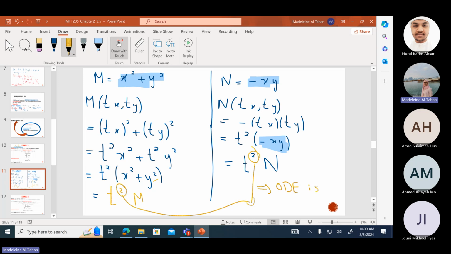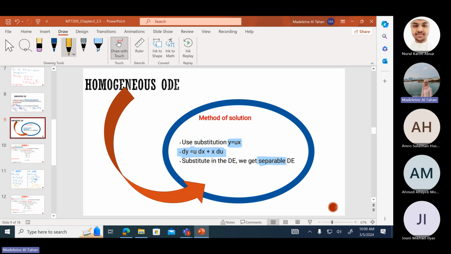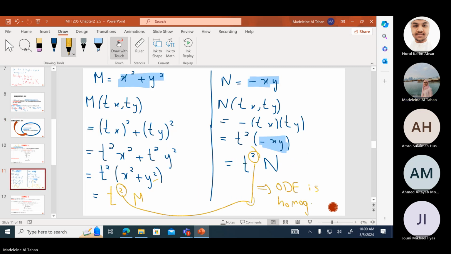So our ODE is homogeneous. Now, in order to solve it, we will do these steps, okay? It's homogeneous.